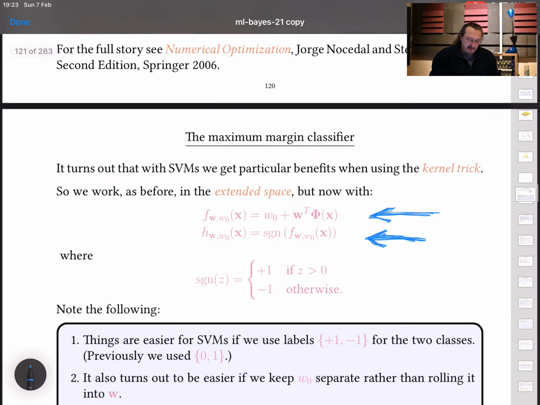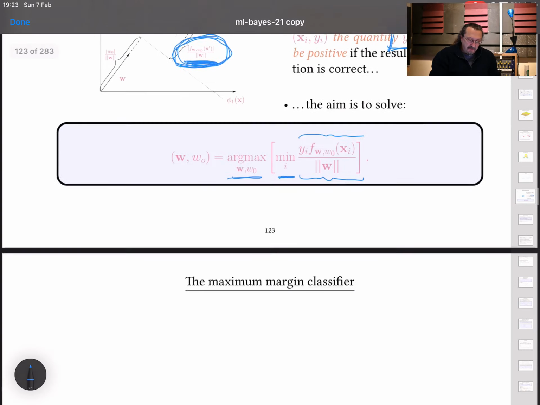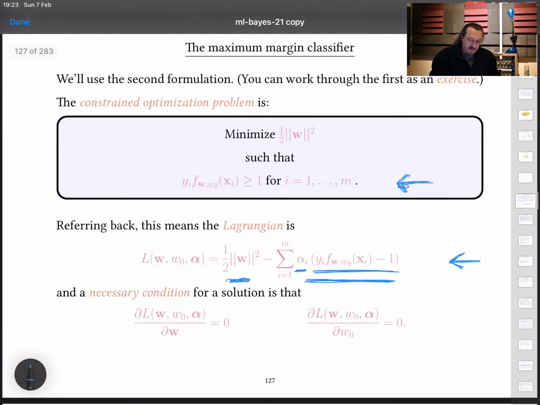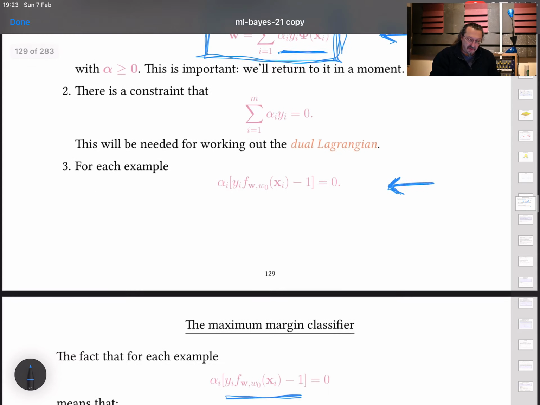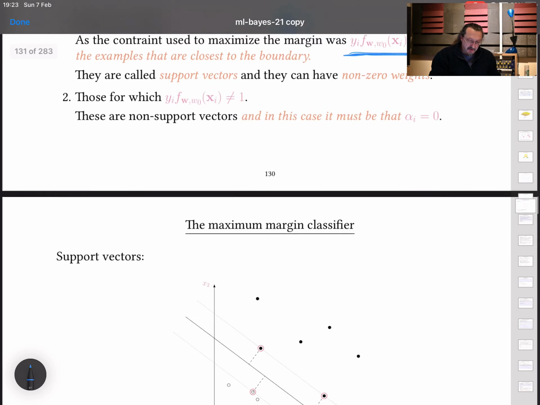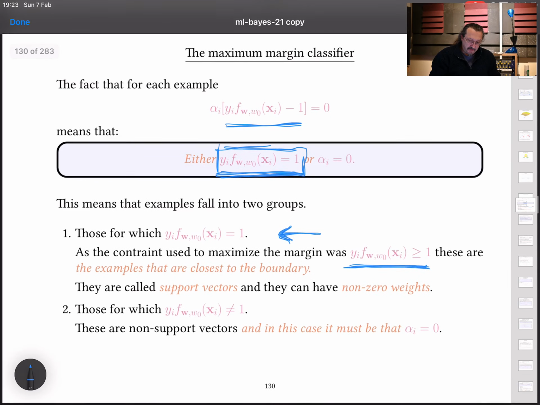And unsurprisingly, the other group are the examples that aren't the closest ones possible to the decision boundary. Okay, so the ones for which yi f(xi) is not equal to 1, and which therefore have a corresponding Lagrange multiplier alpha equals 0, these are the ones that are not the closest examples to the decision boundary.